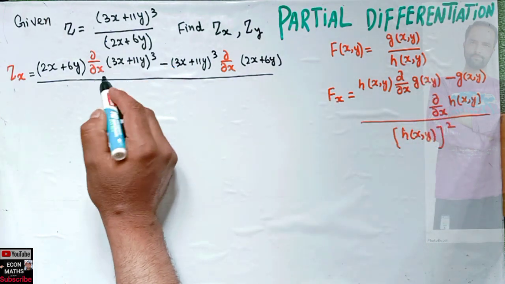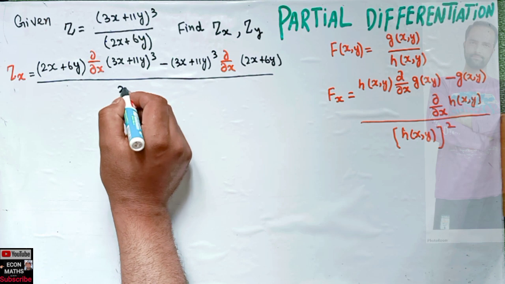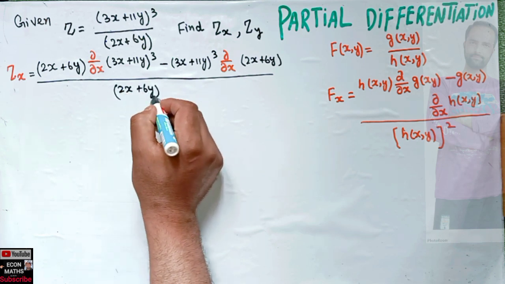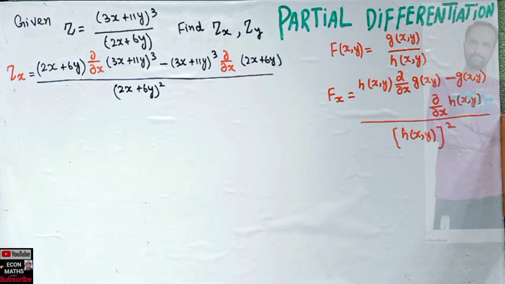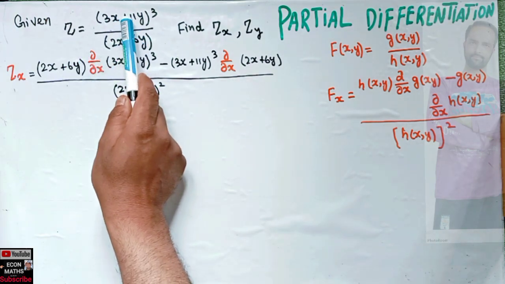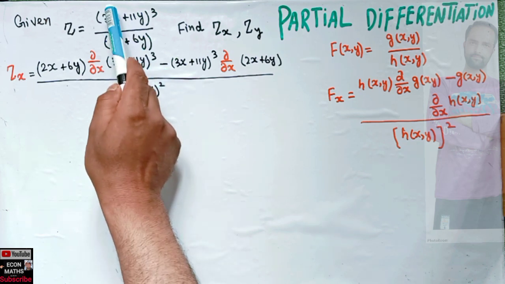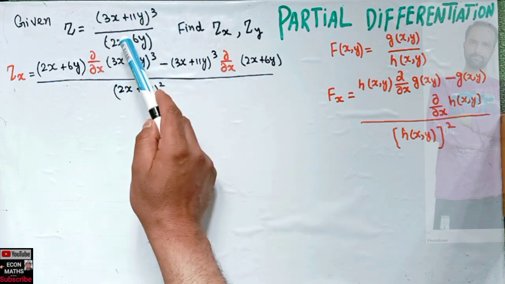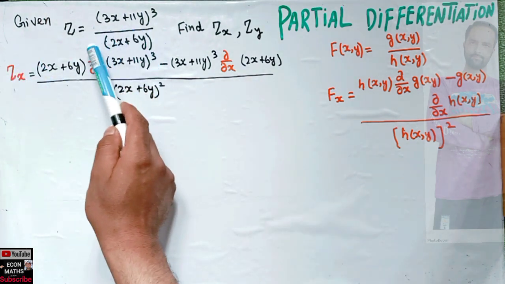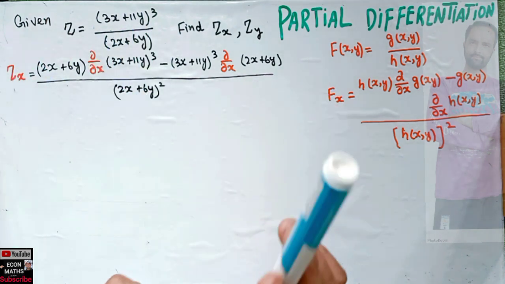So this is our hxy, so we have (2x plus 6y) whole square. Very simple enough. That is, first we write this function and take the derivative of this function, minus we write this function and take the derivative of this function, and whole divided by this function, but it is square. Simple stuff here.